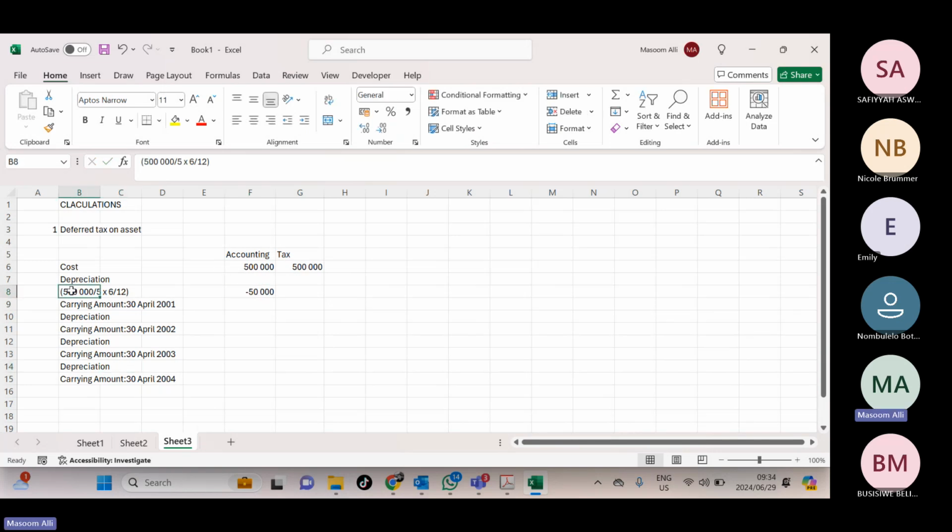And then your taxation, your wear and tear allowance, is going to be your 500,000 times 20% times 6 over 12, which gives you the same thing, 50,000.